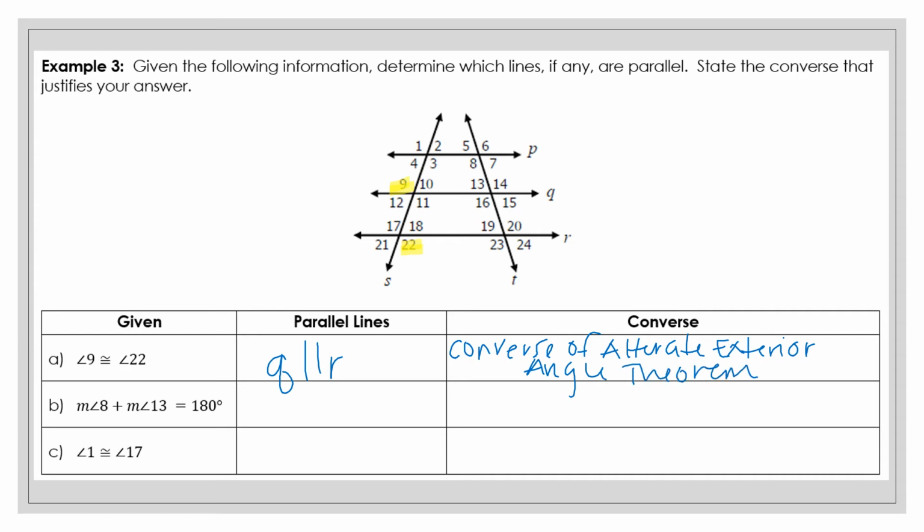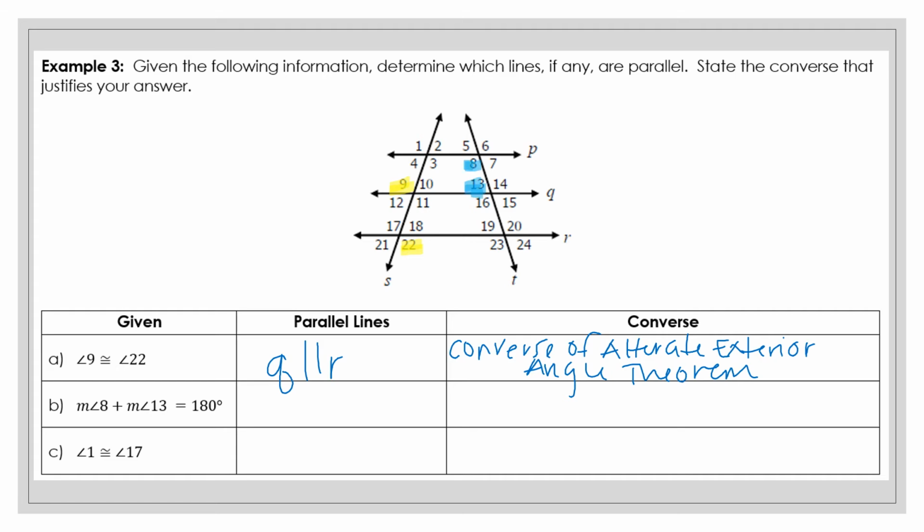All right, so now let's look at 8 and 13. So 8 is right here. Let me do a different color. And here is 13.